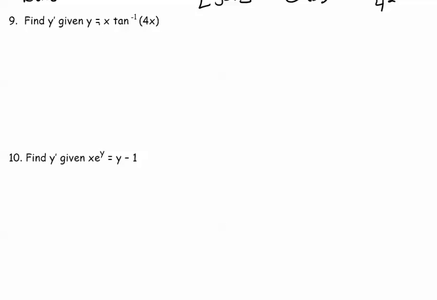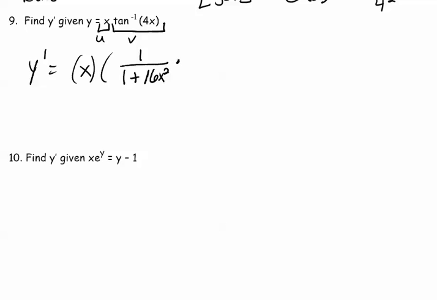Here's a product rule with a chain rule inside it. So we got to think of this as u and v. So our y prime is our first function times the derivative of arctangent, which is 1 over 1 plus the glob squared, times a chain rule on the glob.